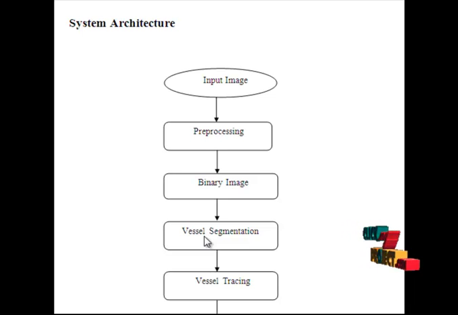Morphological operations rely only on the relative ordering of pixel values and therefore are especially suited to the pre-processing of binary images. Here we correctly segment the retinal vessel from the original image. The segmented vessel is passed to the vessel tracing.